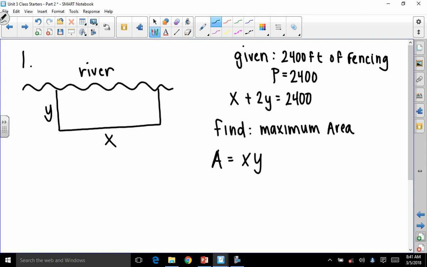So if we want to maximize that, then we probably need to write it in terms of one variable. So what can we use to establish the relationship between x and y? Yeah, the perimeter equation. And what's the easiest way to manipulate this? x equals 2,400 minus 2y.